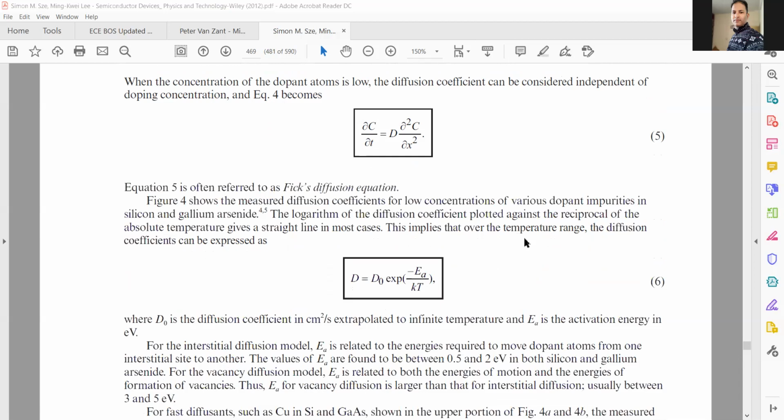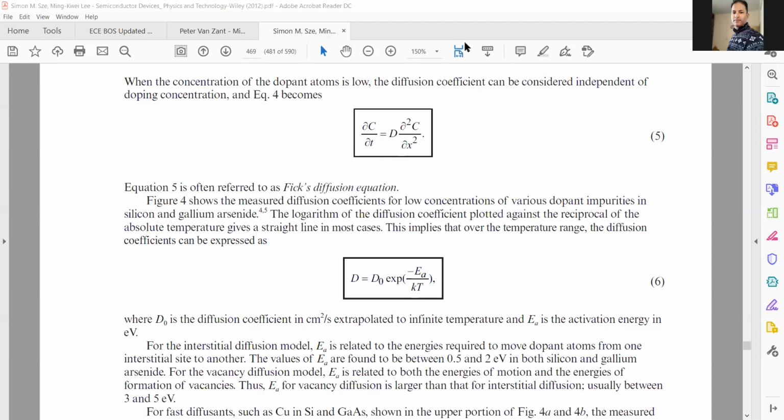Then there is also an important dependence between temperature and the diffusion constant. This D, the constant of diffusion, or diffusivity, depends on temperature and the activation energy, EA.